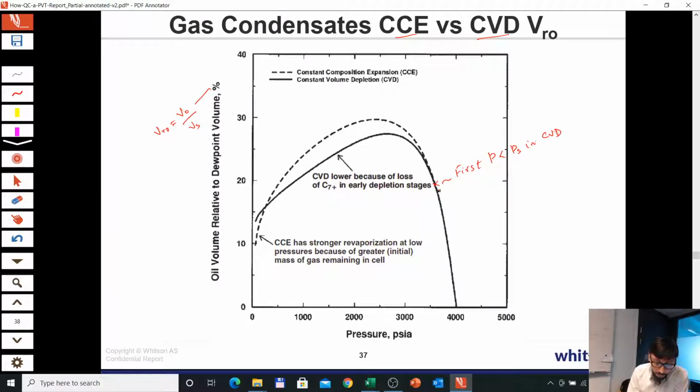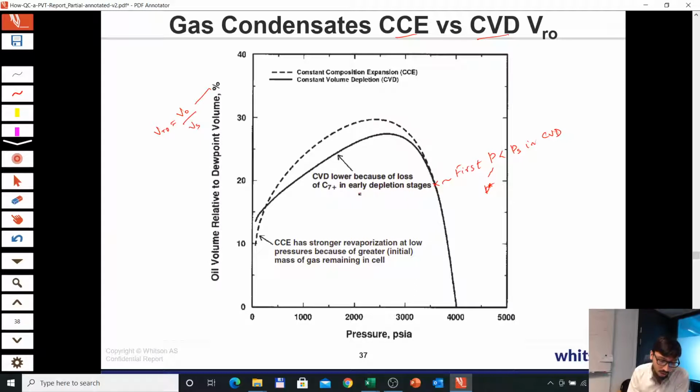Then as we deplete further below this pressure P star, this guy is our P star, if we further deplete below this P star value, you will find that the CVD VRO will always be less than the corresponding CCE VRO.